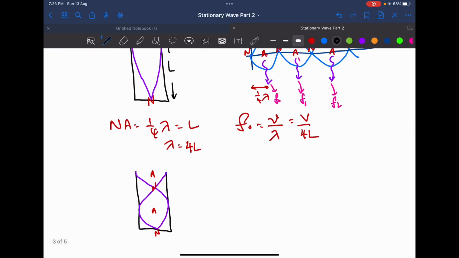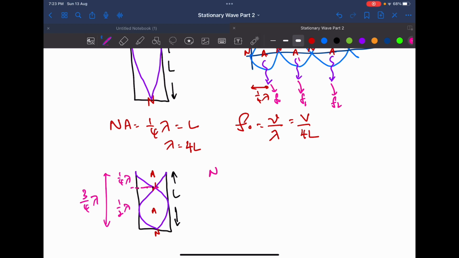The length is the same. So in this case, how many lambda is this? If you see carefully, this is half a lambda and node to antinode is quarter lambda. So in this case, this will be 3/4 lambda.